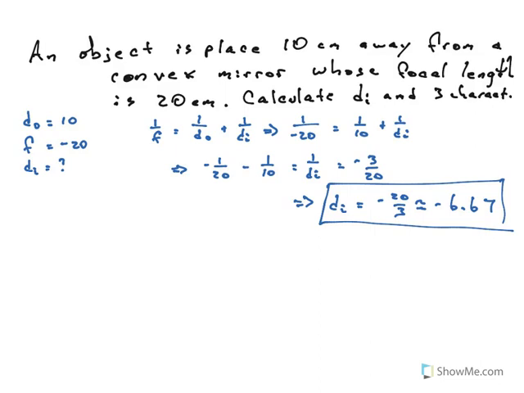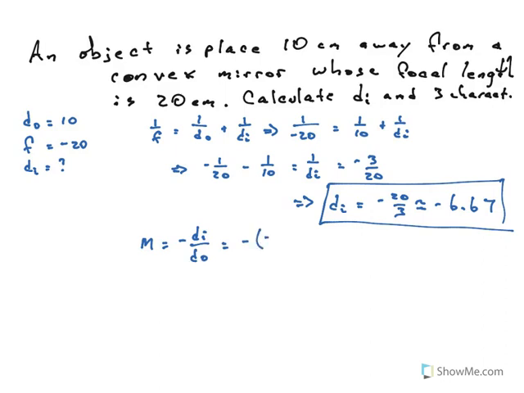All right, so we have the image distance. Now, what about the characteristics? Well, first of all, let's go ahead and do the magnification equation and then get all the characteristics at the end. So magnification says minus di over do. Okay, so minus, what was di?